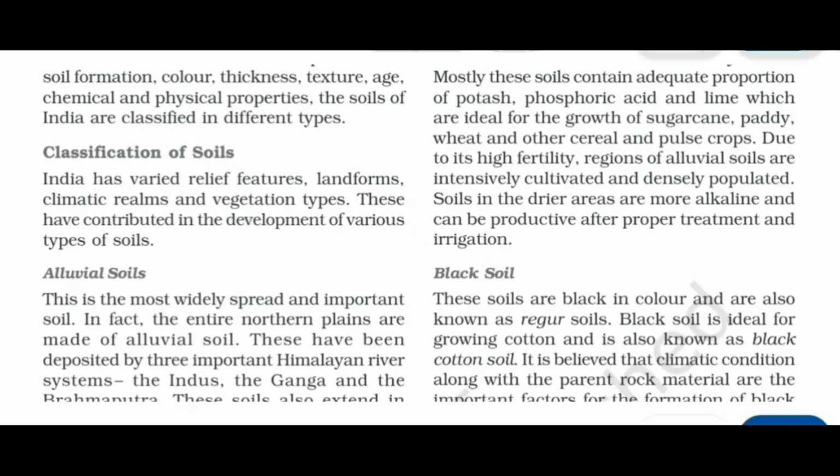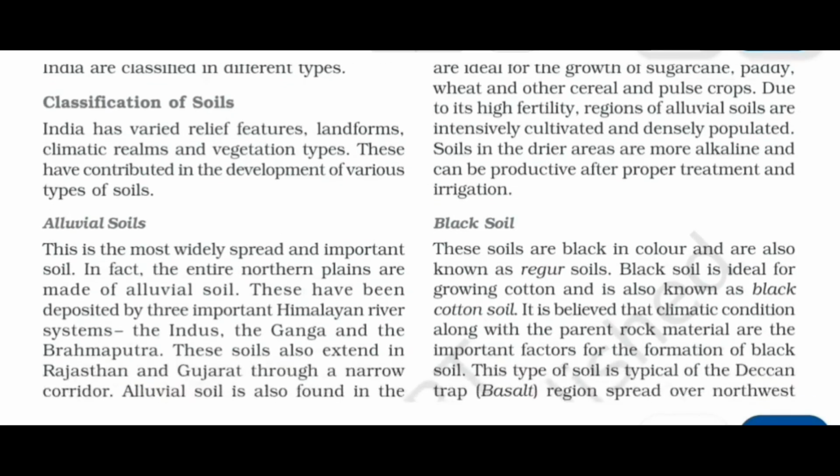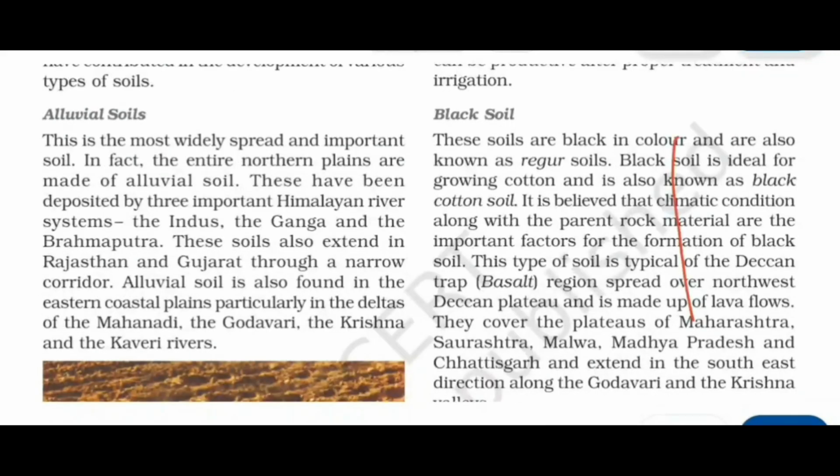So each soil we are going to learn in detail. Okay, so first we are starting with alluvial soil. Look at the first line. This is the most widely spread and important soil. Most widely.